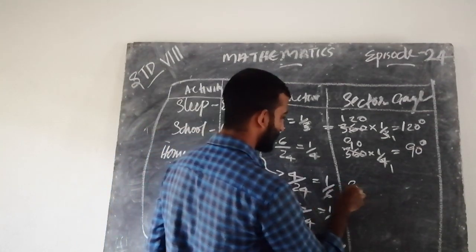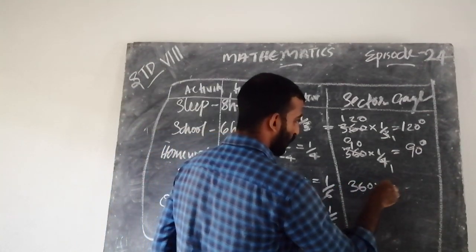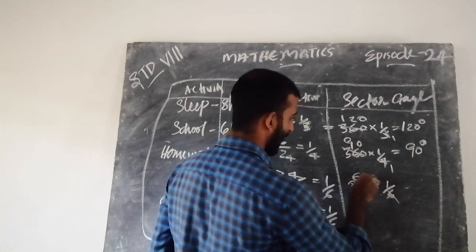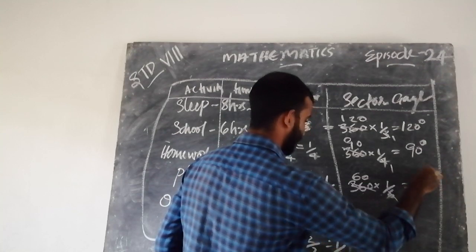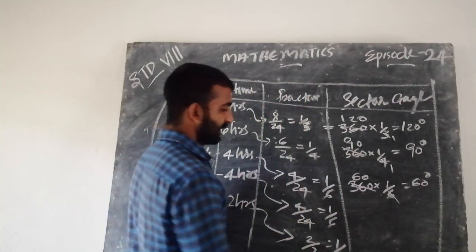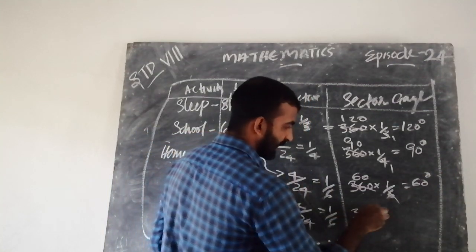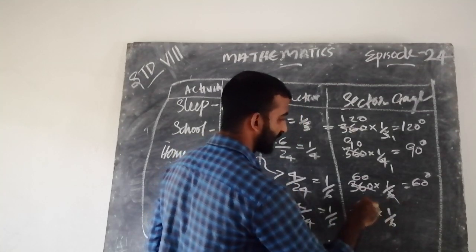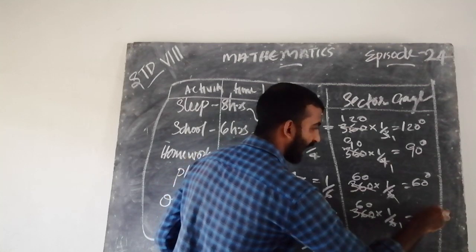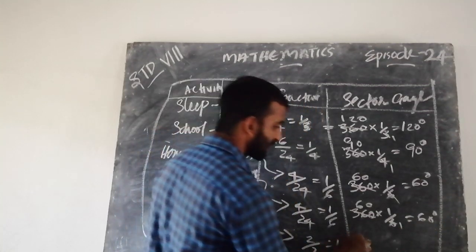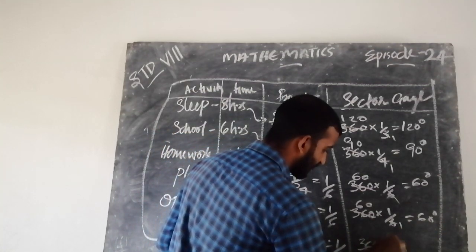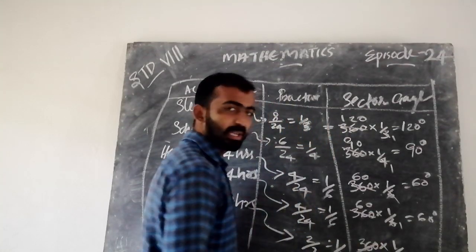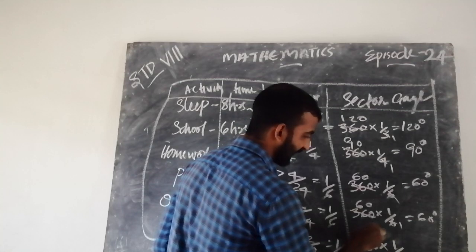Next, 360 into 1 by 6, 60 degrees. And 360 into 1 by 6, here also 60 degrees. And next, 360 into 1 by 12. What is the answer? 30 degrees.